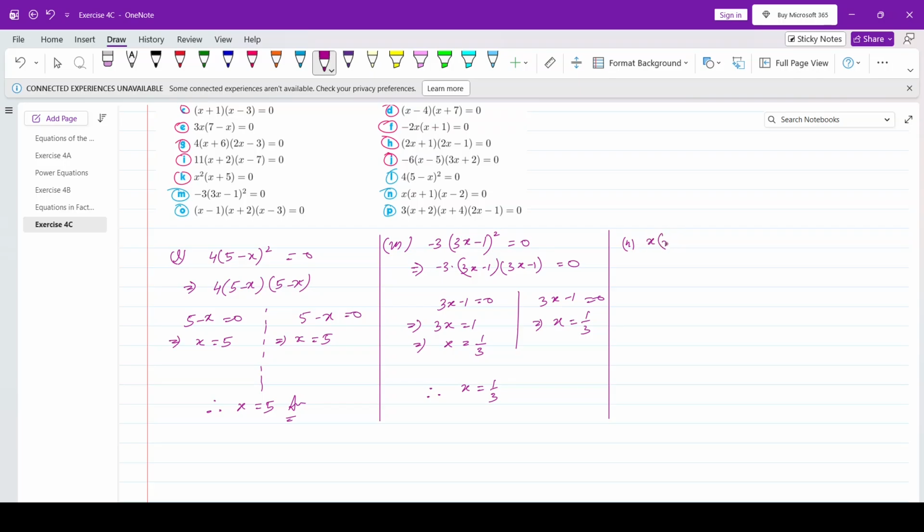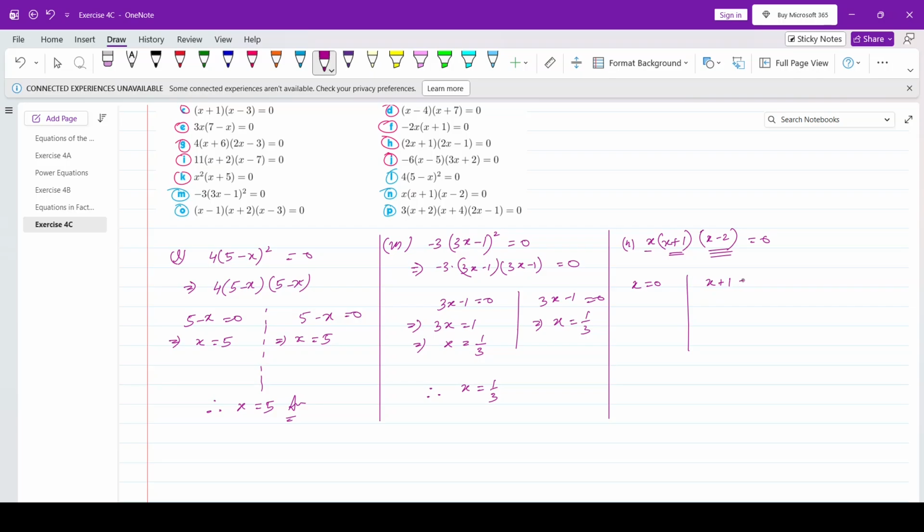x into (x plus 1) into (x minus 2) is equal to 0. From here, we can see this equation is already in factored form. Therefore, we'll have three situations here because we have three terms. First one is x is equal to 0.